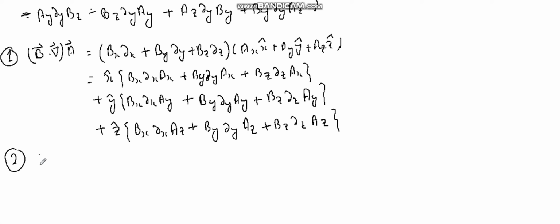For the second term we're gonna have a dot del acting on b, so we'll get again this same term, but a is replaced by b and b is replaced by a.